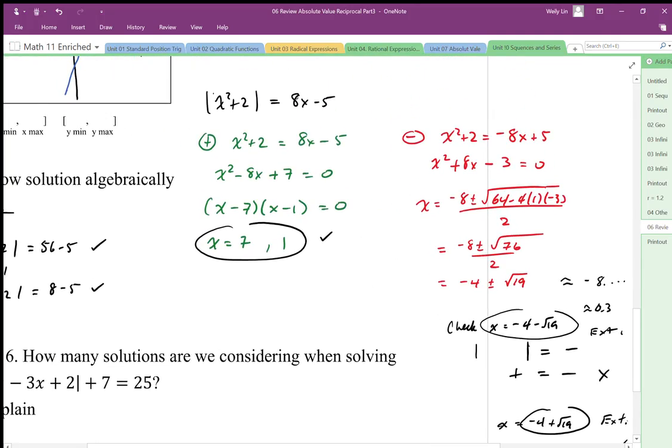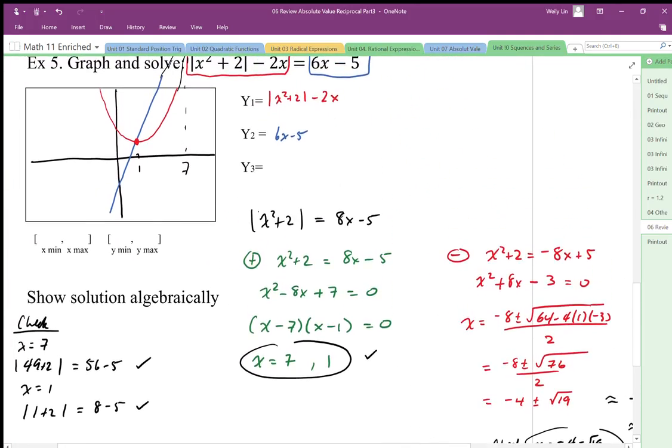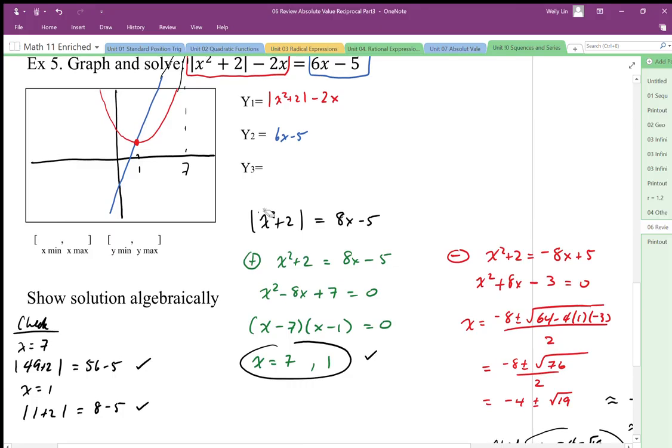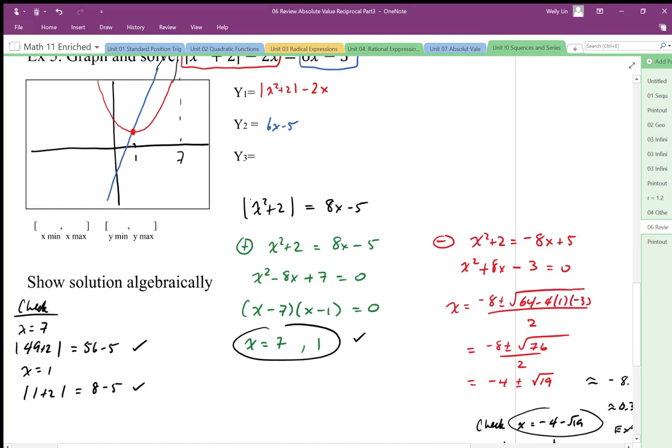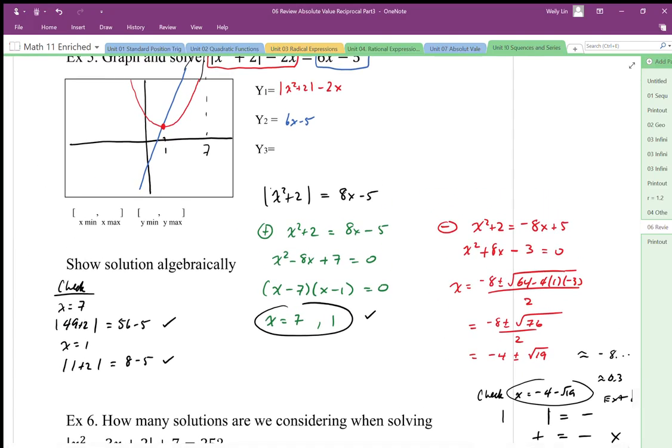Now, if you were observant, you may have recognized that when I have x squared plus 2, this can only be positive. And so we only really needed to work out this side of the equation, because based on a restriction that this inside is always positive, we didn't actually need to consider this solution here in red. So whether we do it graphically, which doesn't lie, the actual solutions show up, so these two solutions show up.